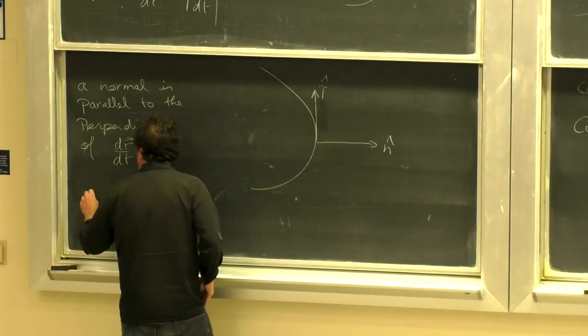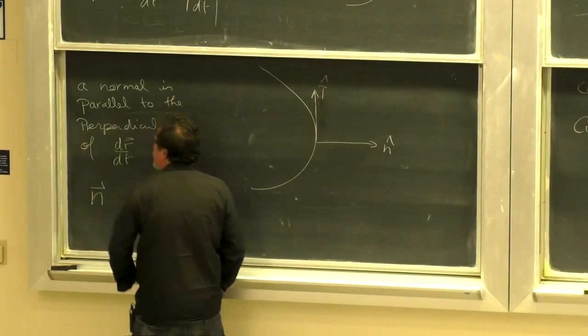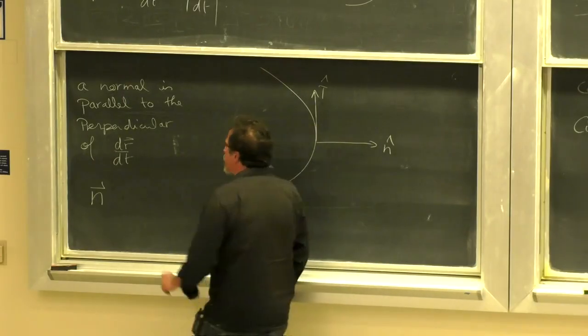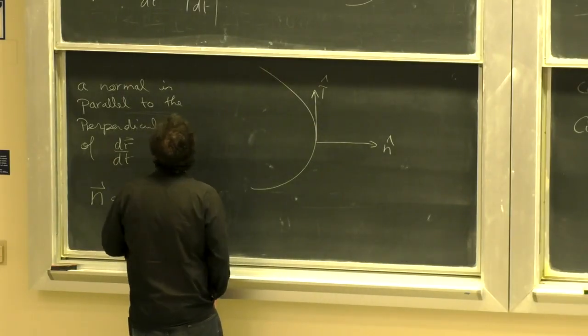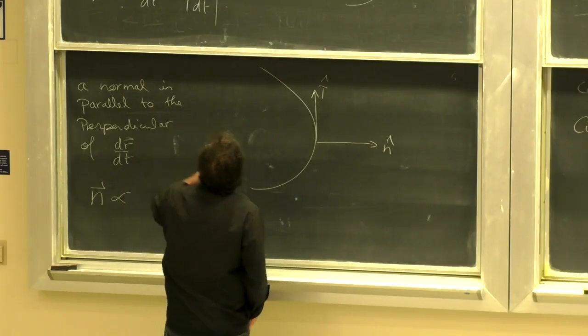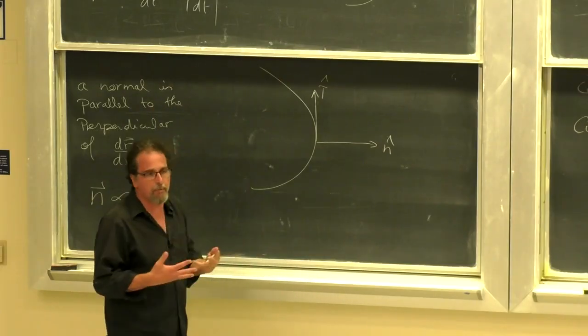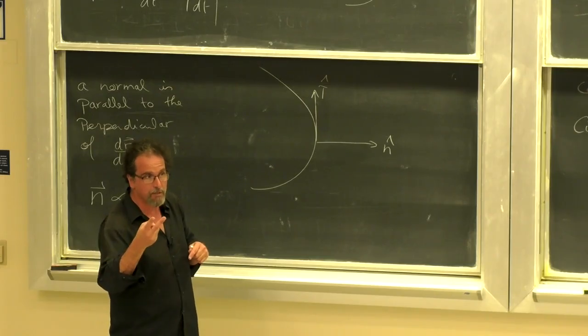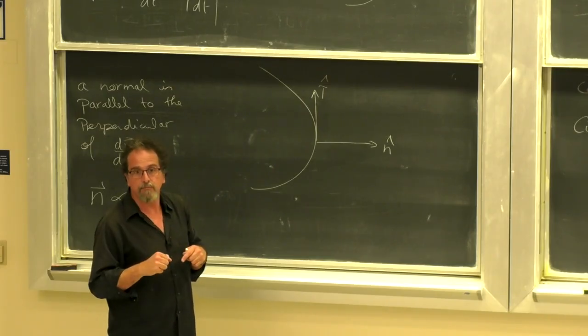The normal hat is perpendicular to t hat, which is proportional to dr dt. So let me say not the unit normal, but a normal vector, n vector, because it's not going to be a unit vector right now. It has to be proportional to something that's perpendicular to dr dt. And the easiest way to make a perpendicular is to flip the order of the components and put a negative sign.